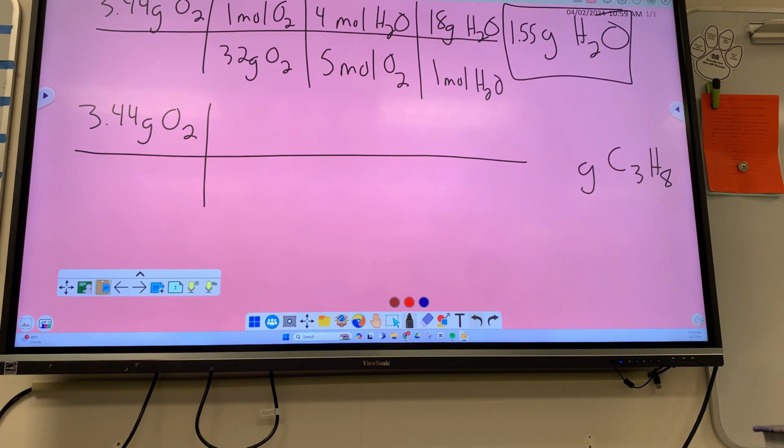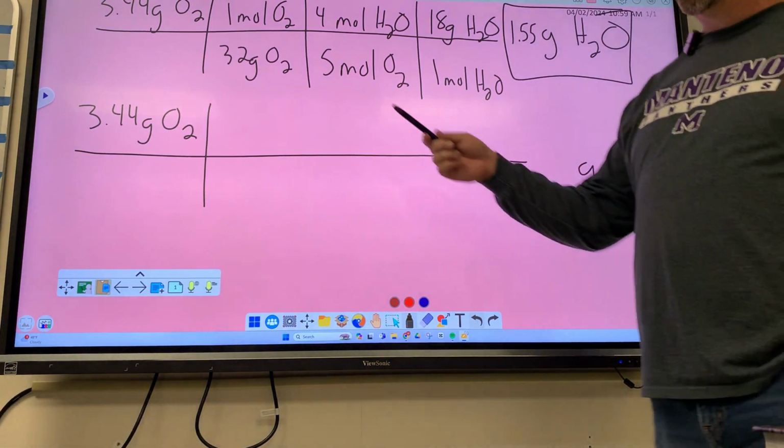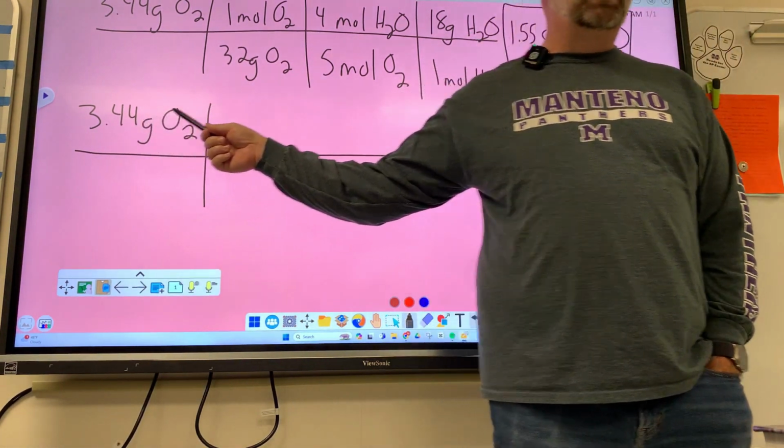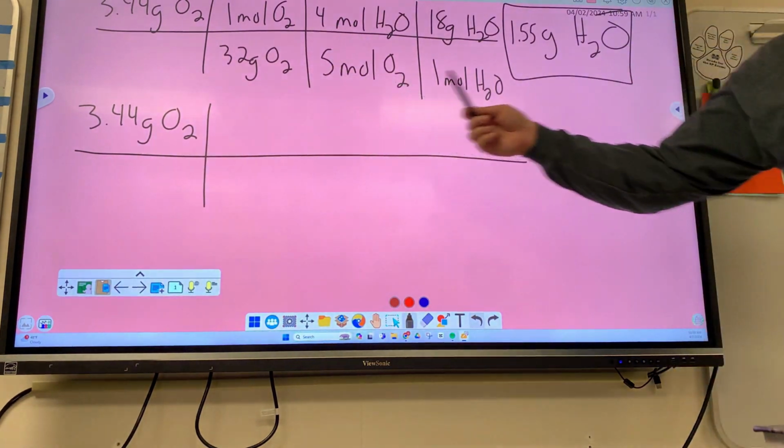We know the limiting is the oxygen, so the excess in this case must be the other one. We have plenty of that left over. But how much? Well, to find out how much you have left over, you simply need what we started with, which the problem gives you, and we need to know how much we used. Well, to find out how much we used, we need to, again, start with our limiting reactant, and then just do a T-chart to figure that out.